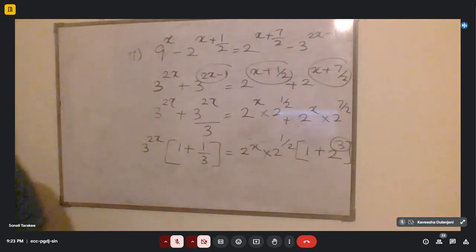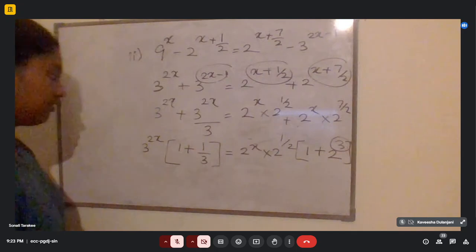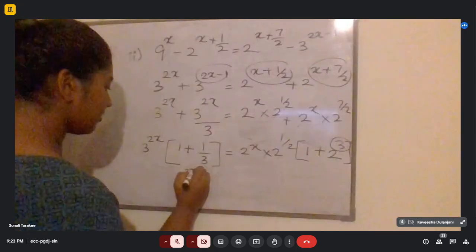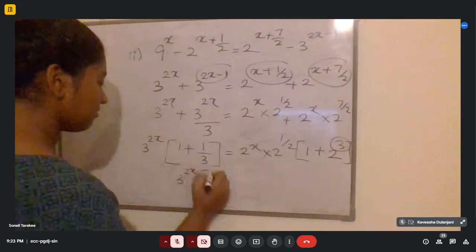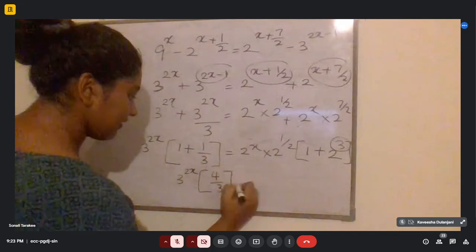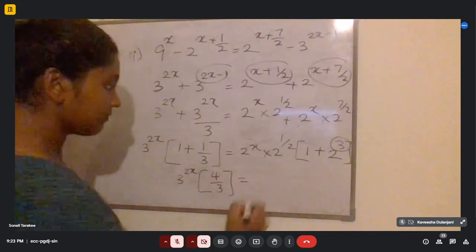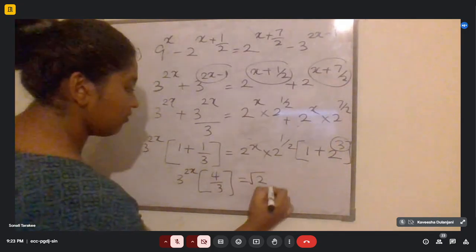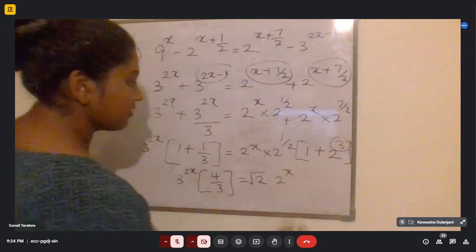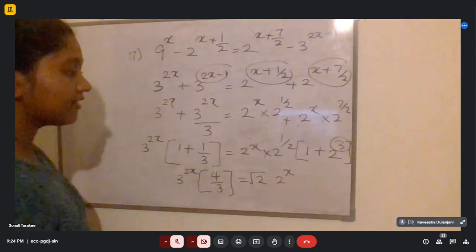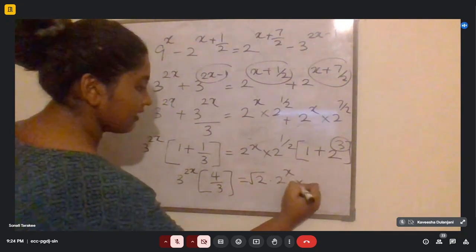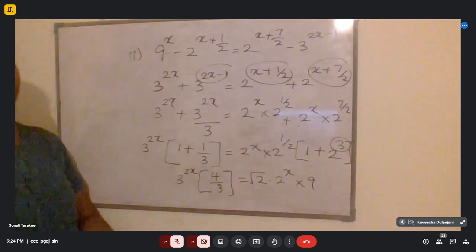Okay, once you solve this one, you get 3 to the power 2x times 4 over 3 equals root 2 times 2 to the power x. Here 2 to the power 3 is 8. 8 plus 1 is 9.